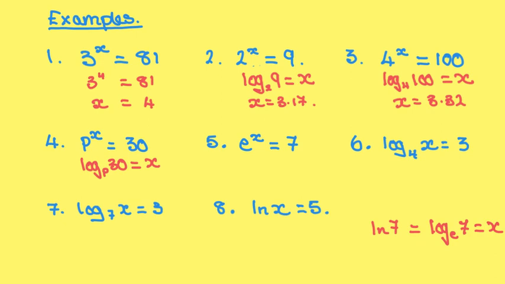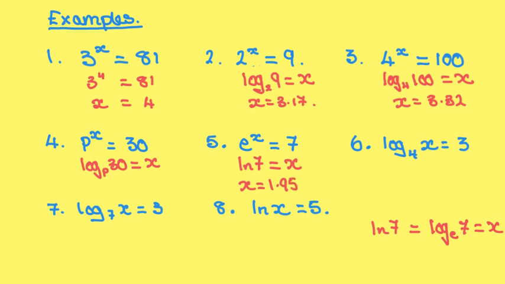I sometimes find it easier to write log e because I can then understand what it is, but it's up to you. So e to the power of x equals 7. We would write ln 7 equals x, and then if you work that out on a calculator, you would get the answer 1.95. So x is equal to 1.95.